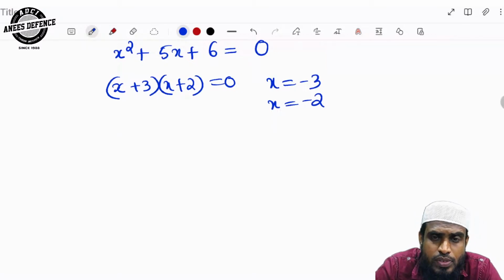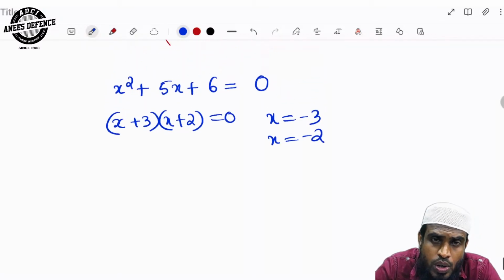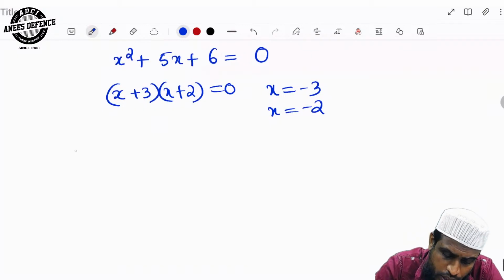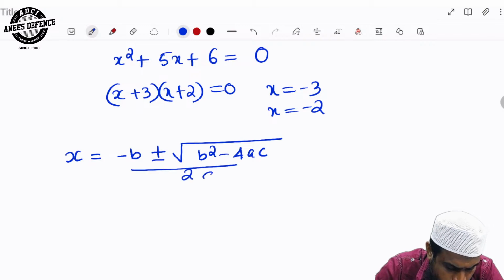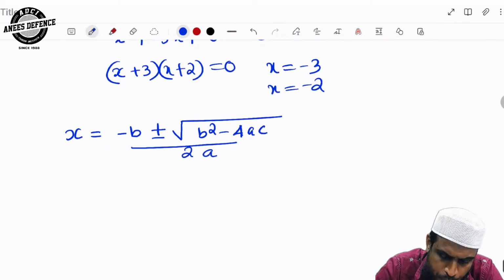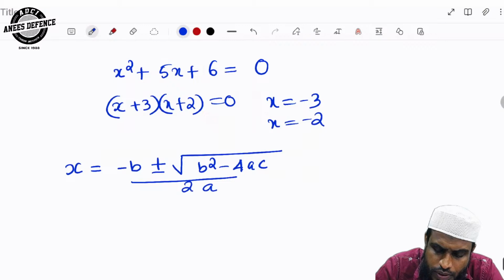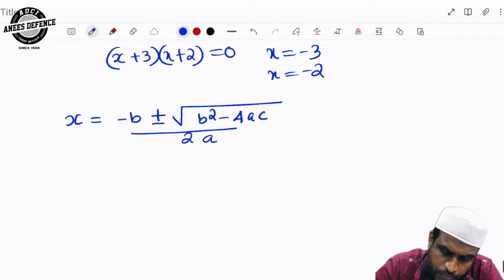For example, if factorization is not possible, you have to use the quadratic formula. So in that case, x is equal to minus b plus or minus root of b square minus 4ac by 2a.